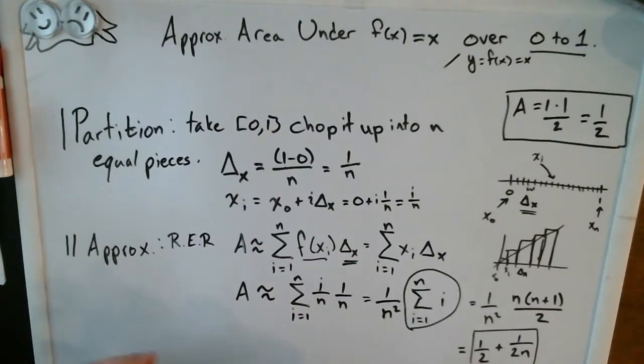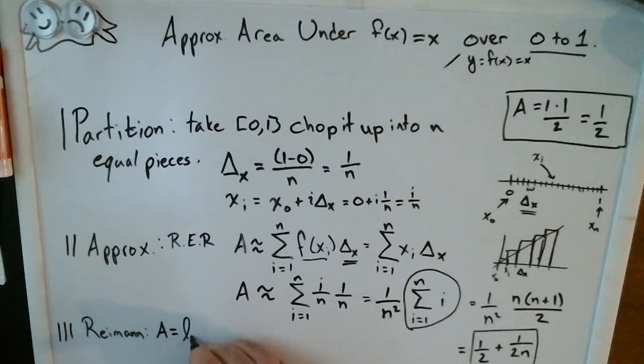Okay, great. We have one last step to go now. Remember, we're going from the approximation to the exact. The third step here, which is using Riemann, says that the area is exactly equal to the limit as n goes to infinity of any approximation.